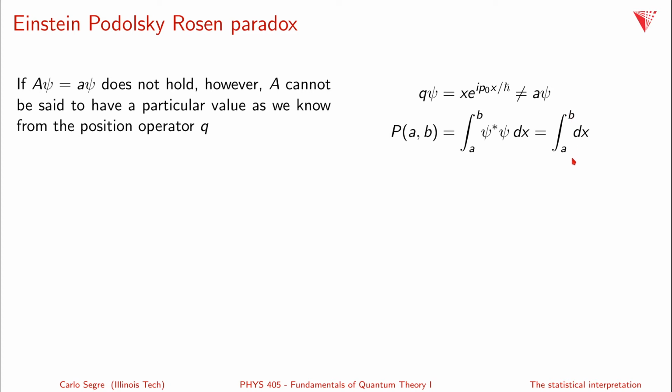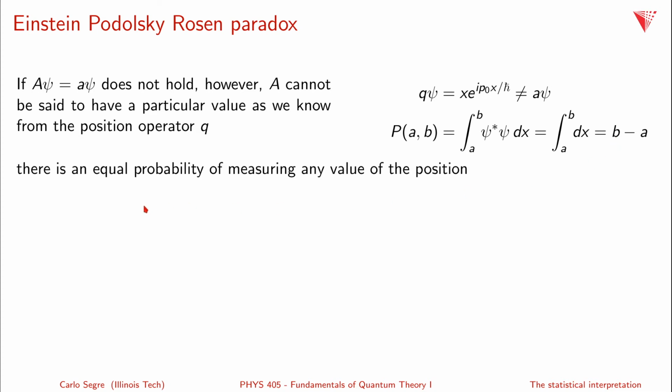So this is just the integral from a to b of dx, and this gives you b minus a. So the probability of finding the particle in that region is b minus a. So there's an equal probability of measuring any value of the position when you have a specific value of the momentum, right? That's the Heisenberg uncertainty principle written in a different way.